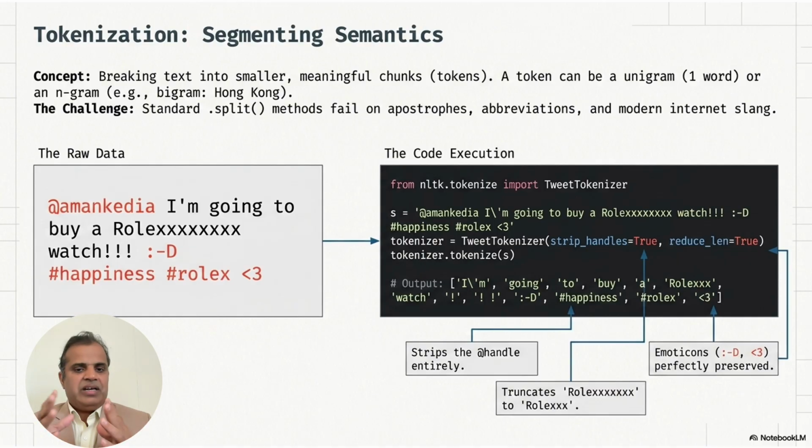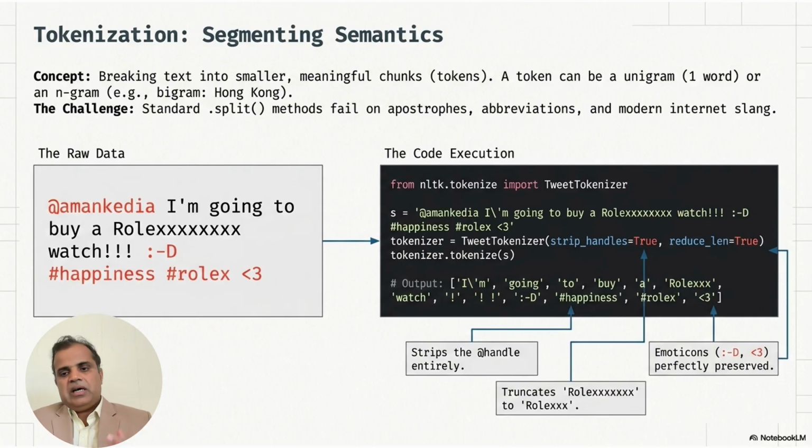Similarly, whenever we speak some words like I am, or some compound terms like Hong Kong, those ideally should be one token. Social media introduces further complexity with hashtags and emojis. As shown in the code here, we use specialized tools like NLTK's tweet tokenizer.